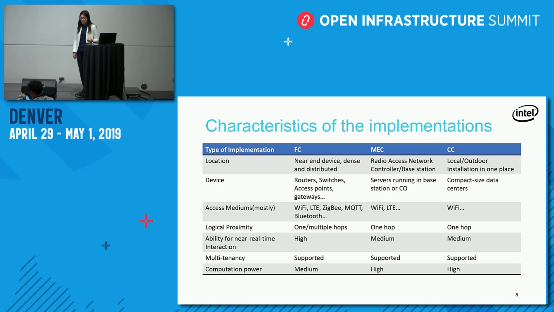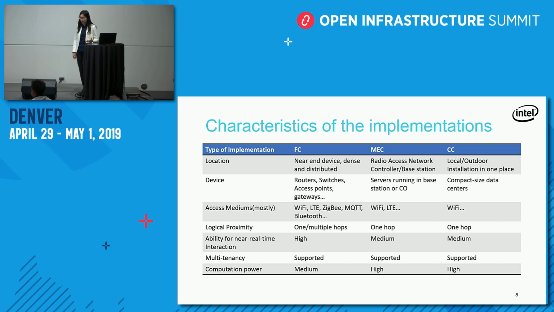And we also have differences in logical proximity. As I mentioned, fog computing can be placed at any point of the architecture between the end device and the cloud, so there could be one or multiple hops between the end device and the cloud. And also the ability for near real-time interaction.